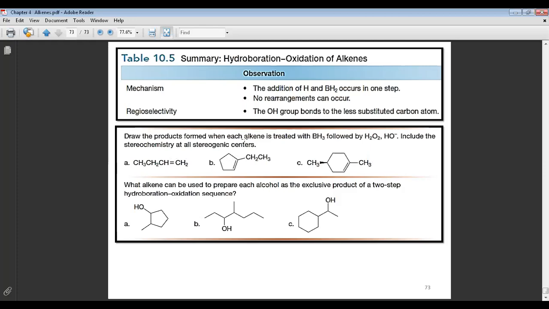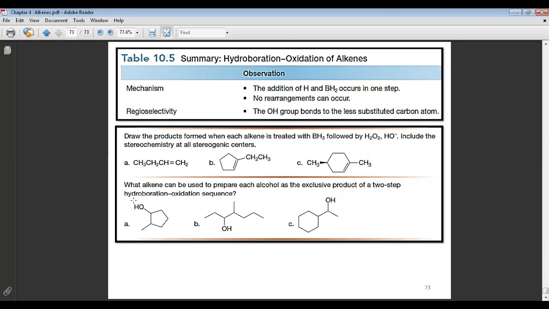Here it says to include the stereochemistry at all stereogenic centers; no, this is not important. You can remove this. I just want you to write the product.